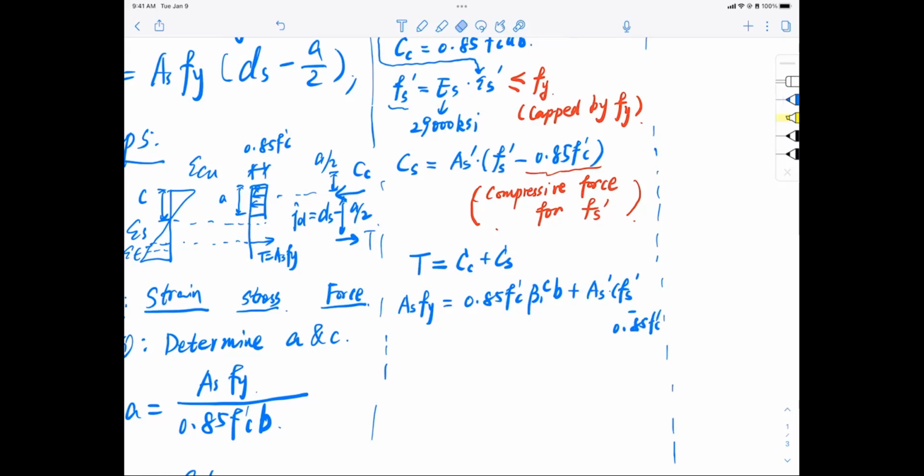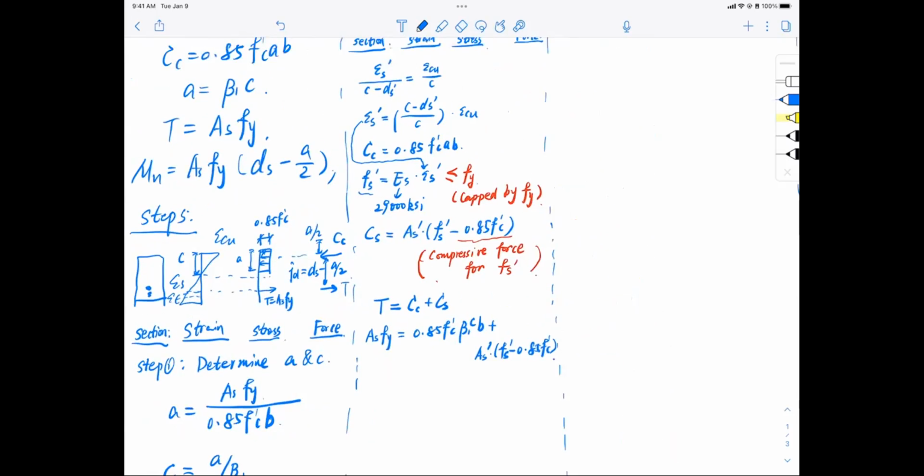Sorry, let me realign it so you can see it better. So this is plus As prime multiplied by Fs prime minus 0.85 f prime c. That is the total tension force. So those are the equations, or we call them the solution.